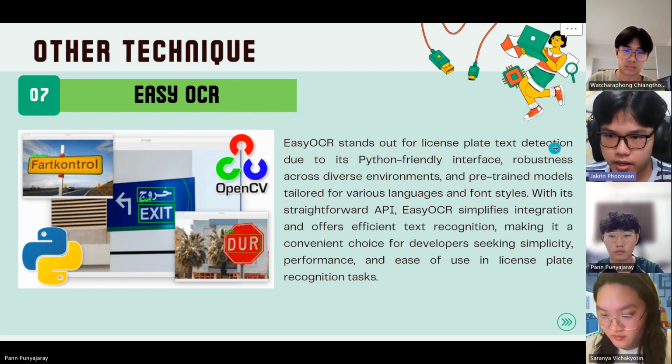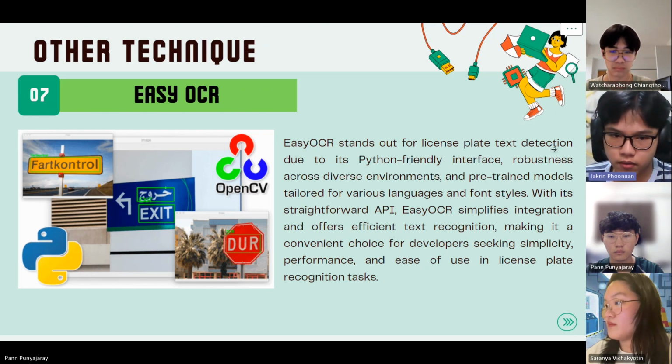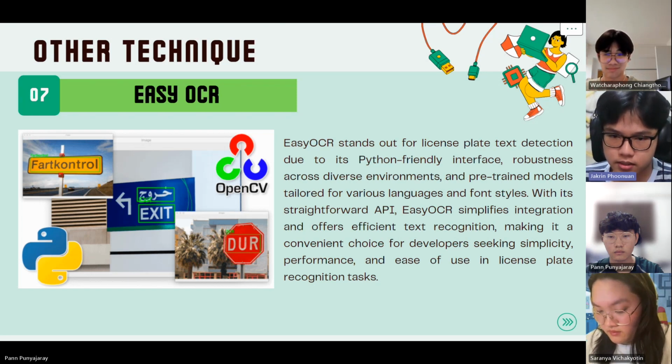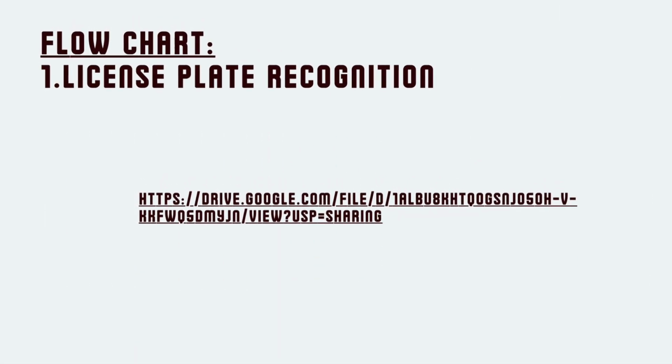EasyOCR simplifies integration and offers efficient text recognition, making it a convenient choice for developers seeking simplicity, performance, and ease of use in license plate recognition. Now let's move on to the flowchart of license plate recognition.